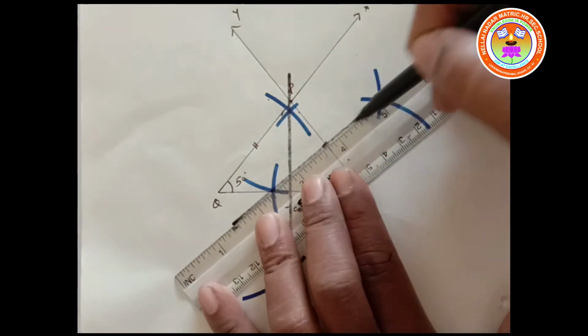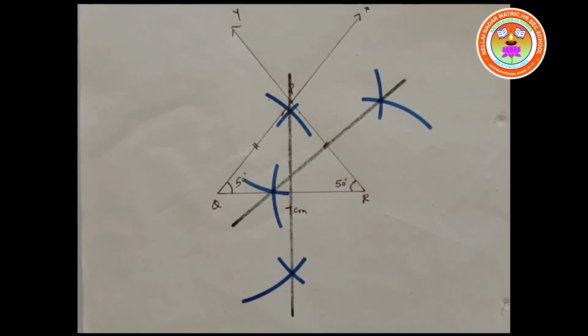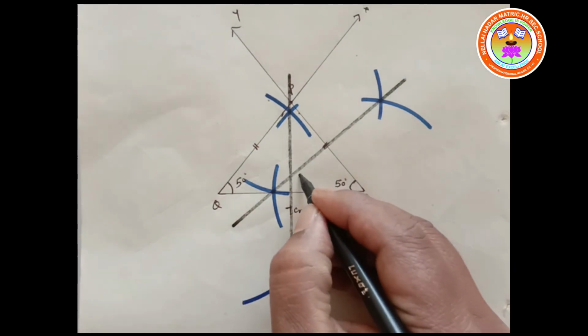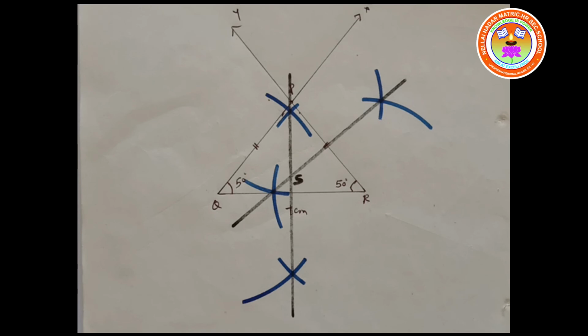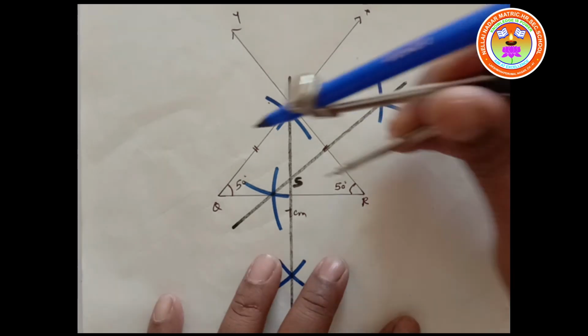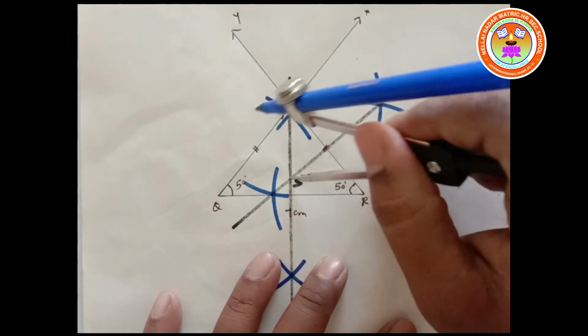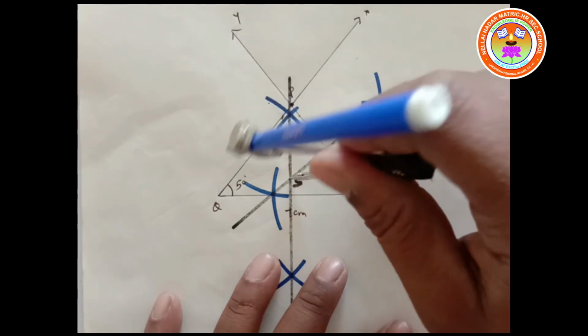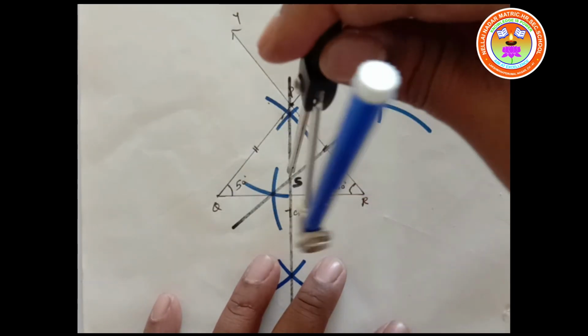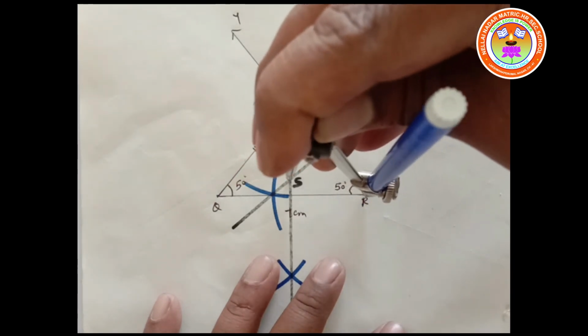Both the lines intersect at the point S. S is the circumcenter of the triangle PQR. With S as center, SP, SQ and SR as radius.